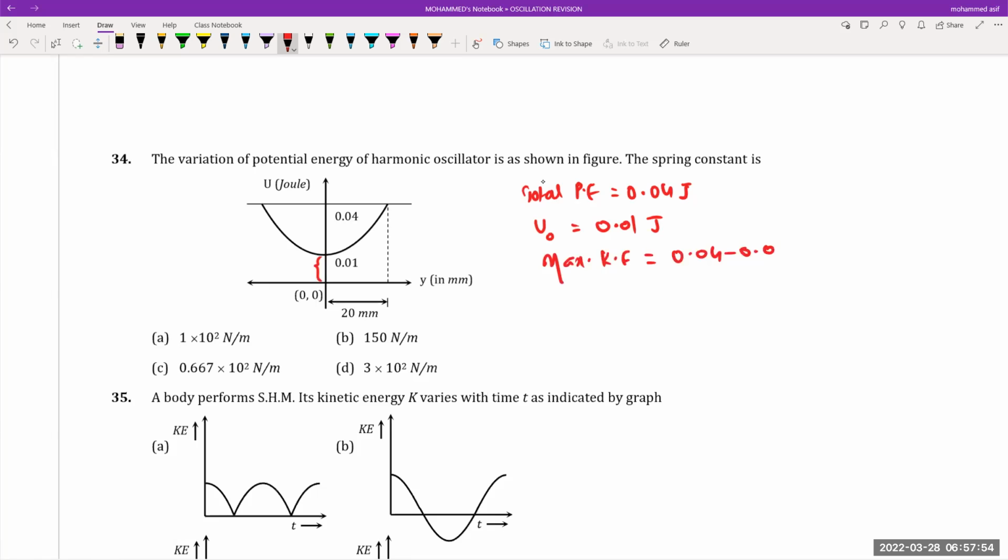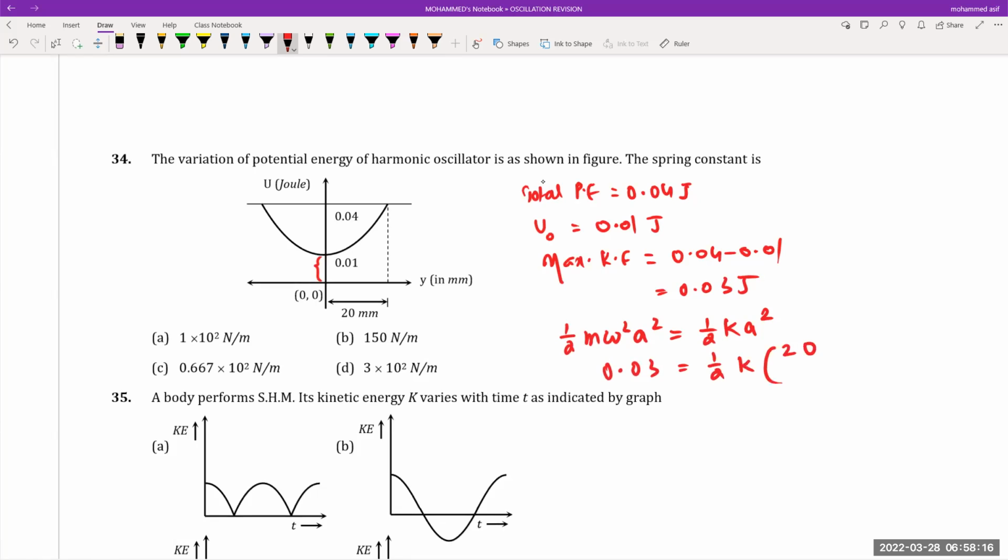0.04 minus 0.01, that will be 0.03 joules, यानी that will be equal to half into m into omega square a square, will be equal to your half into k into your a square, and इसकी एनर्जी वैल्यू कितनी हो गई? 0.03, that is equals to half into k.